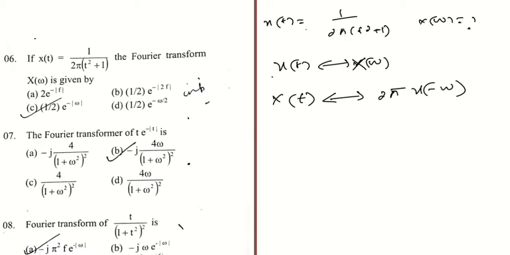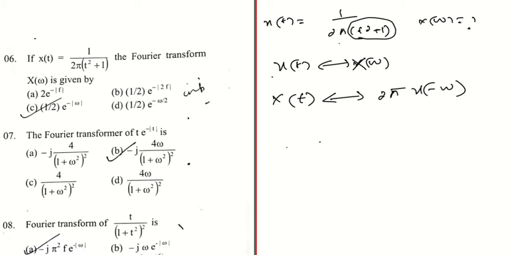So x of t equal to 1 divided by 2 pi into t square plus 1. Whenever these kinds of questions come, we should compare that with the known Fourier transforms. So when we look at it, it is 1 divided by 2 pi into t square plus 1. So we have to compare with the Fourier transforms of the signals that we know.